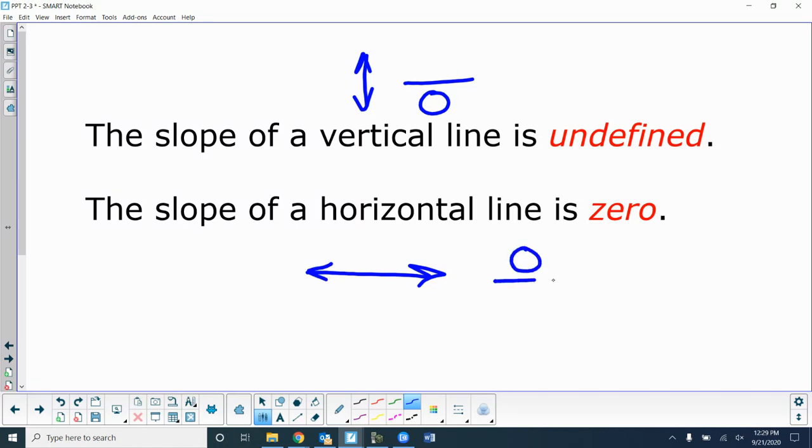Your fraction would have 0 in the numerator. Your y values would be the same for a horizontal line. Your x values are the same for a vertical line. So, a vertical line equation is always x equals some number. A horizontal line's equation is always y equals a number. No y in this, no x in that.